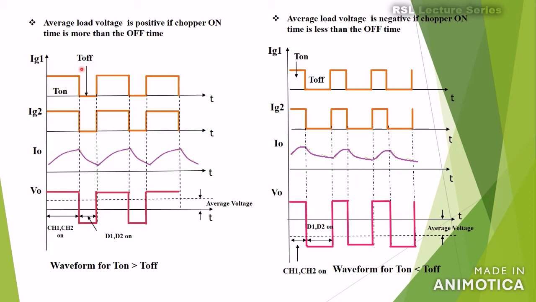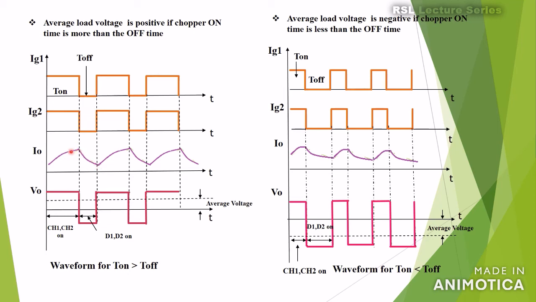Okay. So when both the choppers are turned on, the load current will start rising. It rises exponentially, and at the same time V0 will be equal to the supply voltage. So the supply voltage will appear across the load, which is positive. V0 will be equal to plus Vs. Now when the choppers are turned off, the load current will start decreasing.